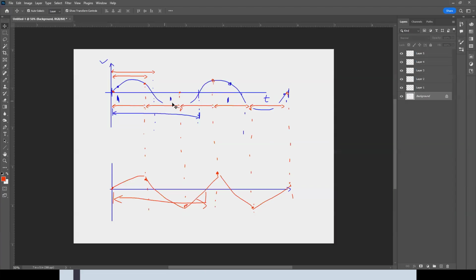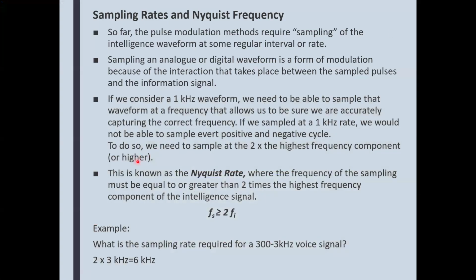Here is the interval that is 2 times the frequency component, because it's half wavelength and a little bit less, just to make sure. Right? So that's what this means here.